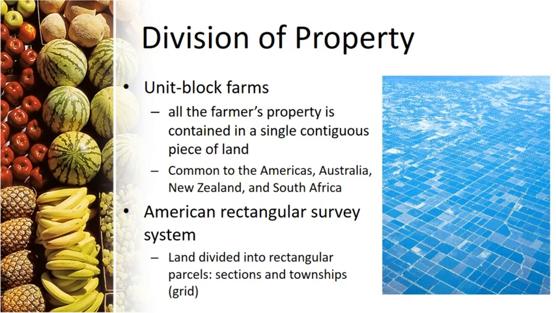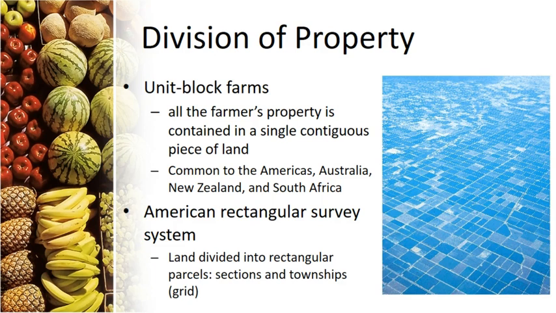And this is really what you see in places where you have colonization, right? As opposed to these fragmented and then consolidated farms, unit block farms are where someone came in and planned out the parcels of land, and then farmers could actually buy or be granted those pieces of land.